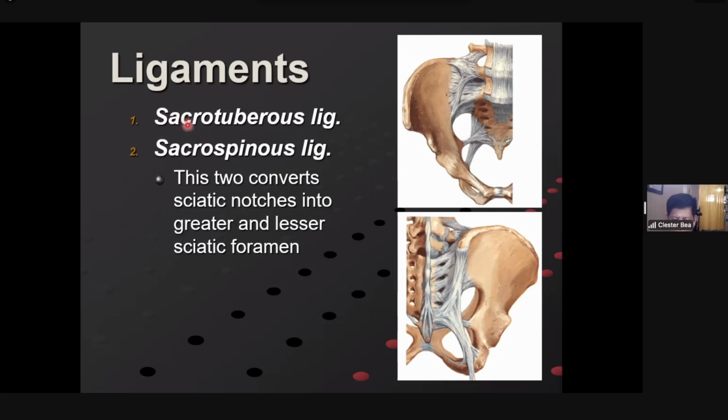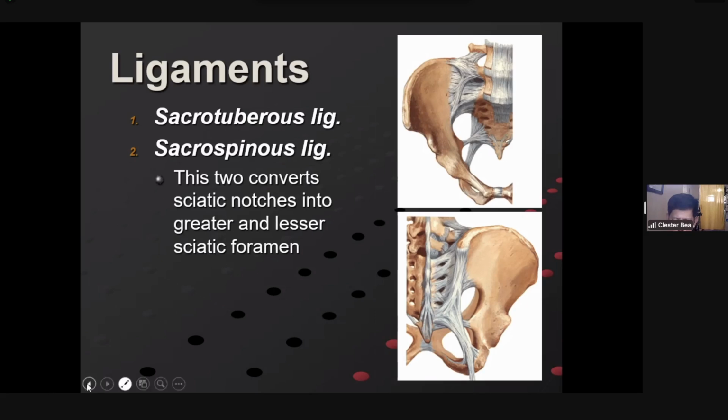Now, it is said that the sacrotuberous and sacrospinous ligament, with their attachment to the sacrum, basically would maintain the slightly tilted position of the bony pelvis, so that the ligaments would prevent any further tilting of the pelvis from its position because of the attachment of the two ligaments.